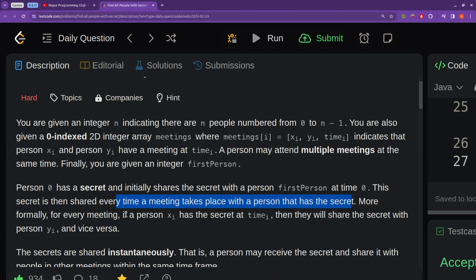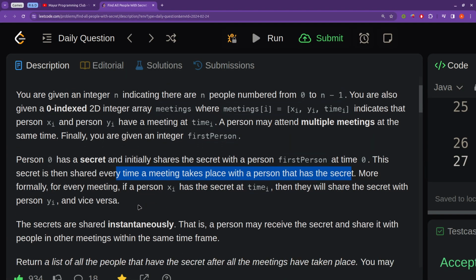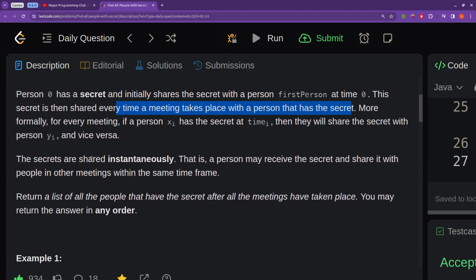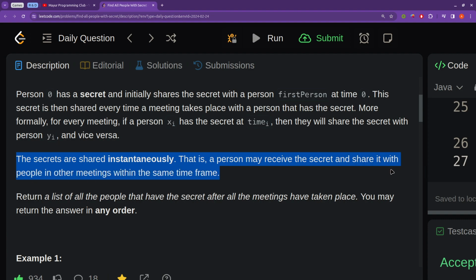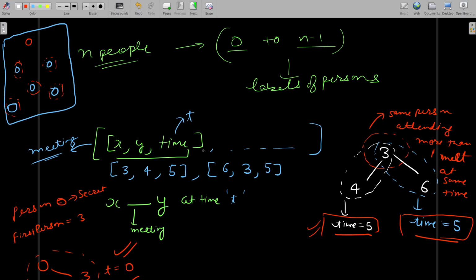So this is also mentioned here that the secrets are shared instantaneously. That is, a person may receive the secret and share it with others in the meeting in the same time frame. Okay, and let's say when this meeting was started, at that time itself someone told a secret to this particular person.